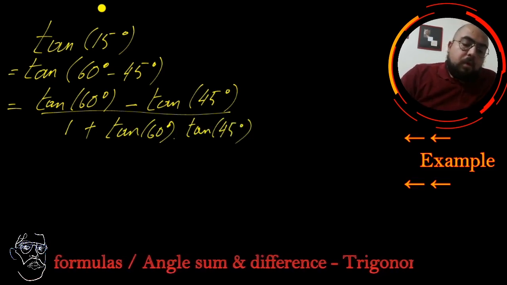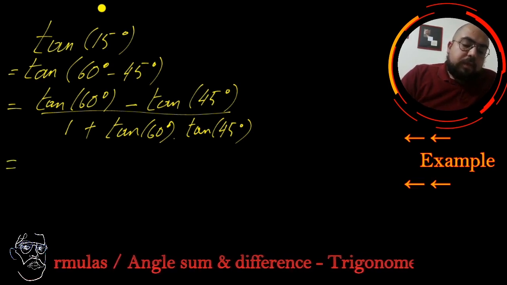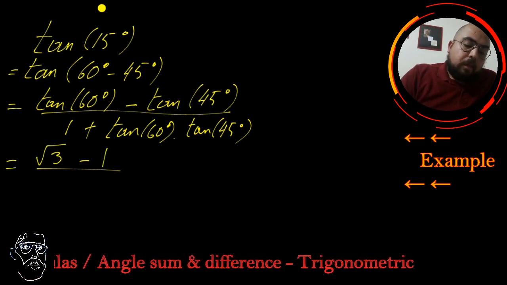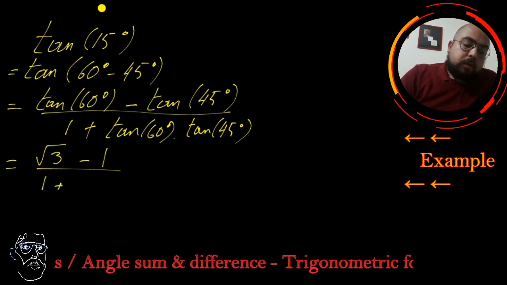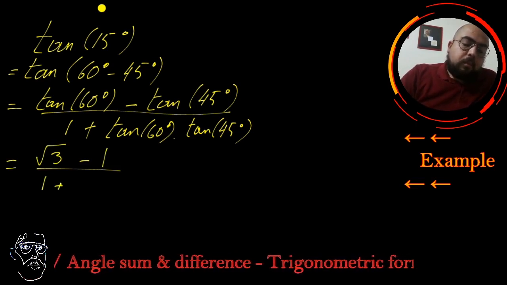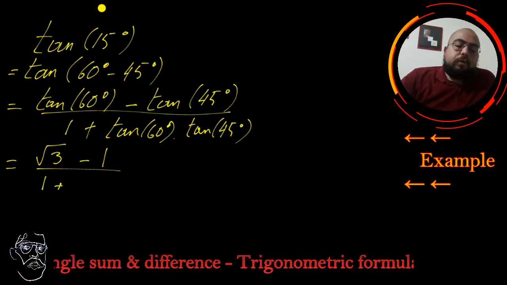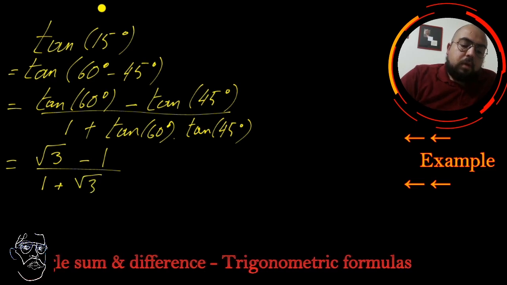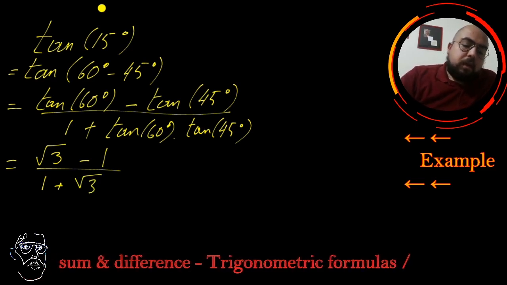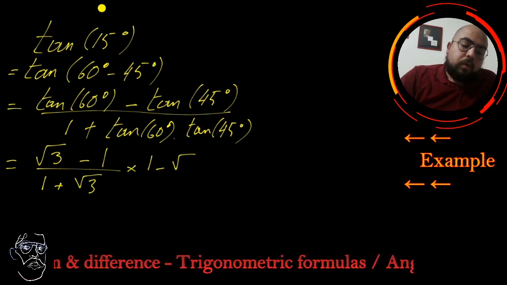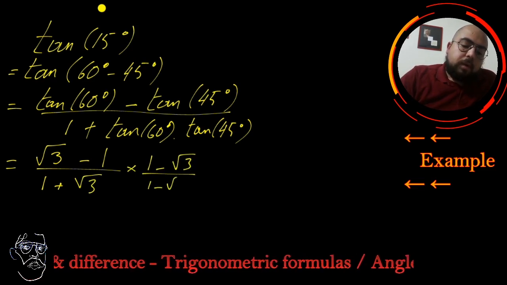Alright, so it will be equal to tangent of 60 is square root of 3, minus 1, over 1 plus tangent of 60, which is again square root of 3. Now this answer, in case you want to rearrange it, you can multiply by 1 minus square root of 3 over 1 minus square root of 3.